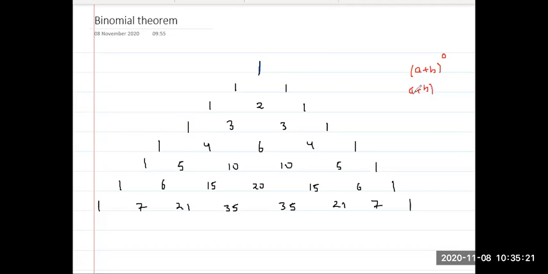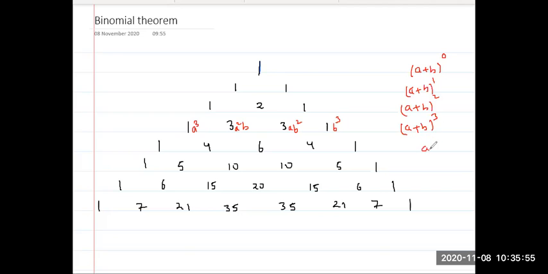(a plus b) to the power 1, a plus b. (a plus b) whole square, a square plus 2ab plus b square. Yes or no? Can you observe? (a plus b) whole cube: a cube, 3a square b, 3b square a, or ab square, and b cube, right?